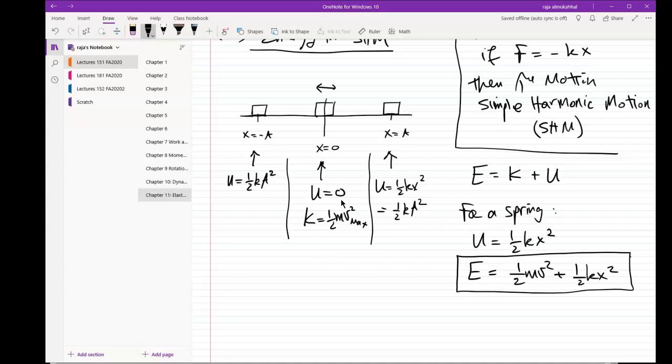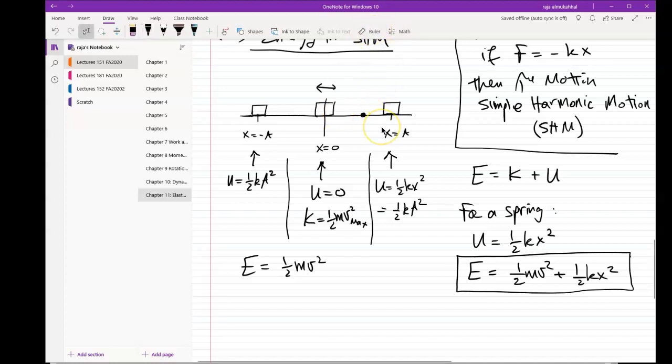Got it? Now, at any arbitrary position, let's say right here, some arbitrary position, not necessarily in the middle, somewhere here, okay? At this position, what is the total energy? Well, the total energy is basically 1/2 mv squared, whatever the velocity of this object here.